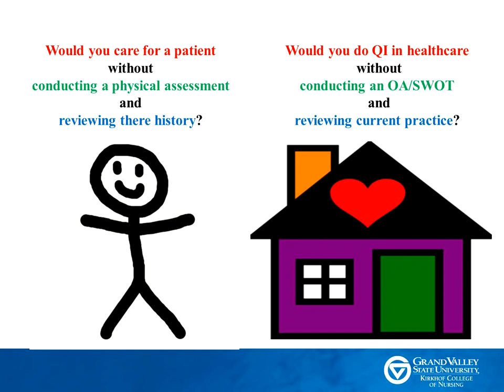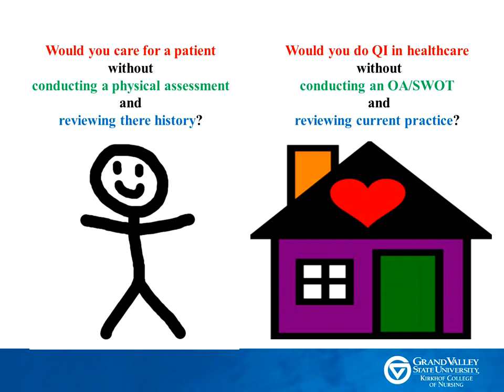So think about this. What would you do for a patient without conducting a physical assessment and reviewing their history? So on an individual single patient basis, you first do a physical assessment and review their history prior to providing care. The same is true for quality improvement in healthcare.